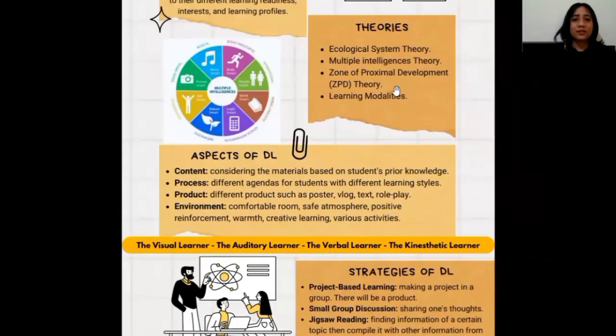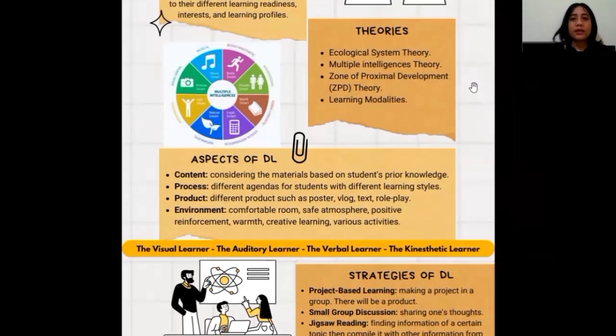Next, there is the zone of proximal development theory by Vygotsky. It is about the gap between what a student can do alone, or what they can learn alone, and what they can do with help or assistance from capable peers or the teacher. So the gap between what they can do alone and what they can do with help, that is the zone of proximal development.